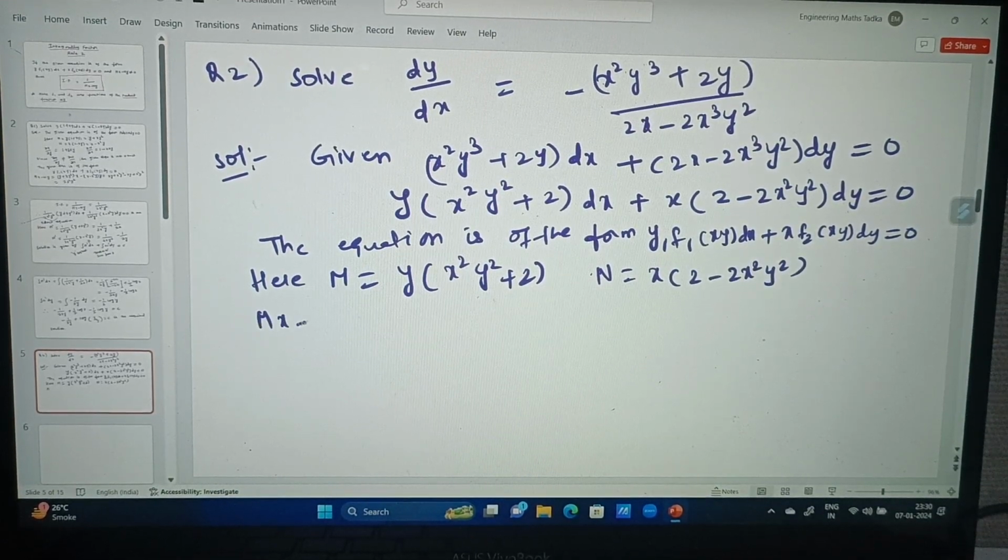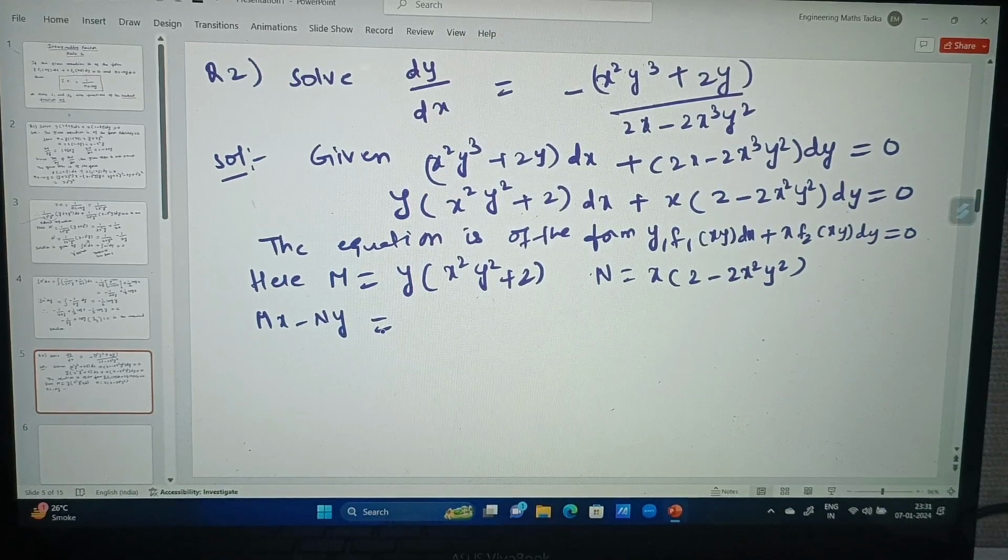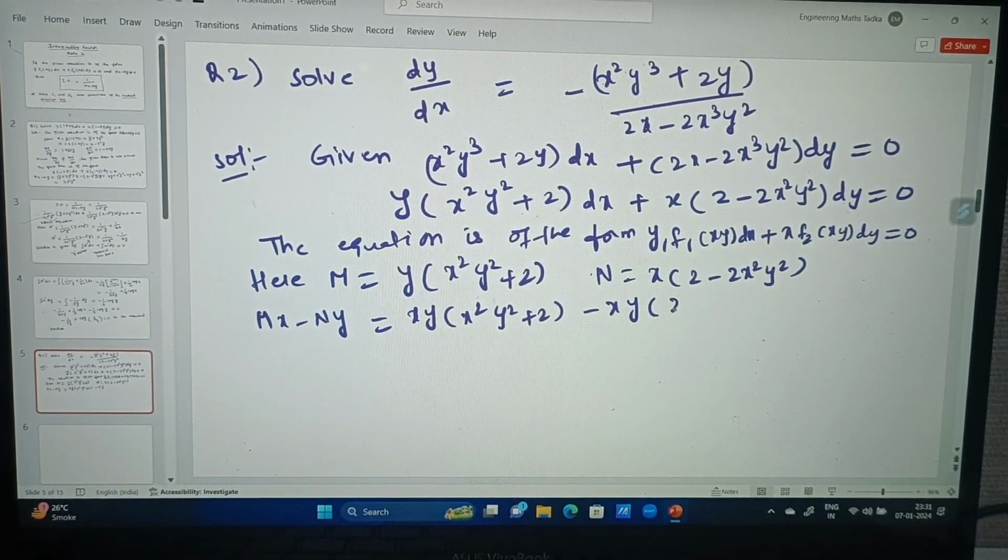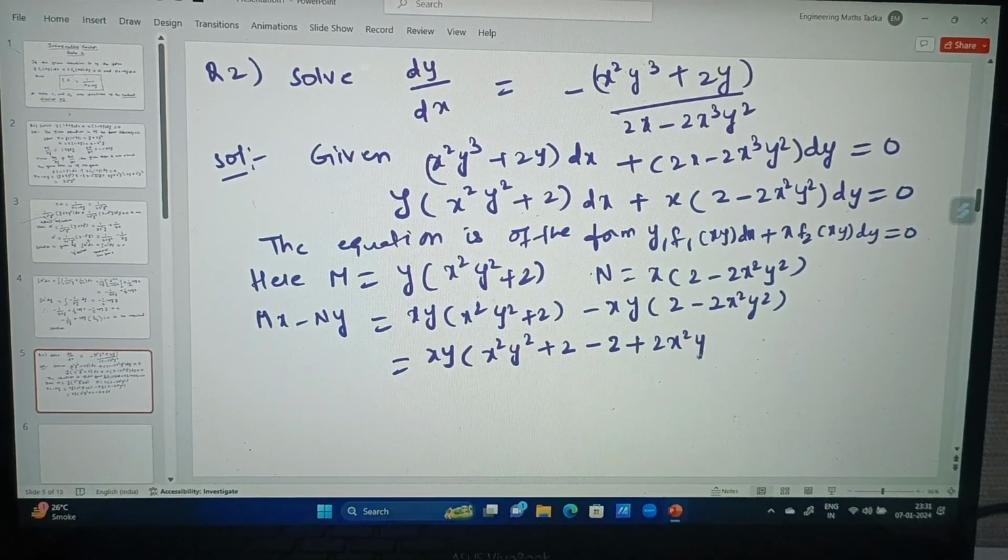Mx minus Ny का वैल्यू निकालना है. What is Mx minus Ny? It is xy into x square y square plus 2, minus xy into 2 minus 2x square y square. दोनों टर्म्स में xy कॉमन है, इसके लिए xy को बाहर लिख सकते हैं and open the bracket and write the terms as x square y square plus 2 minus 2 plus 2x square y square.